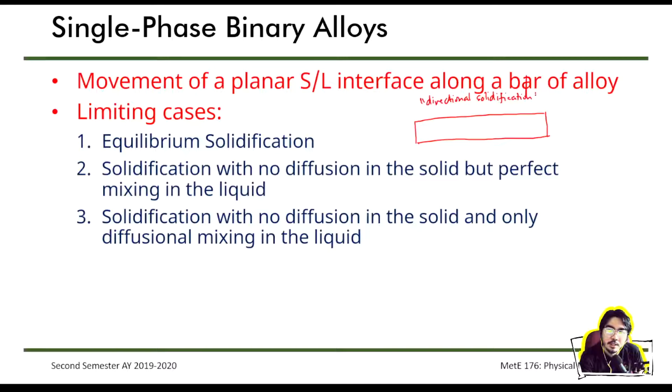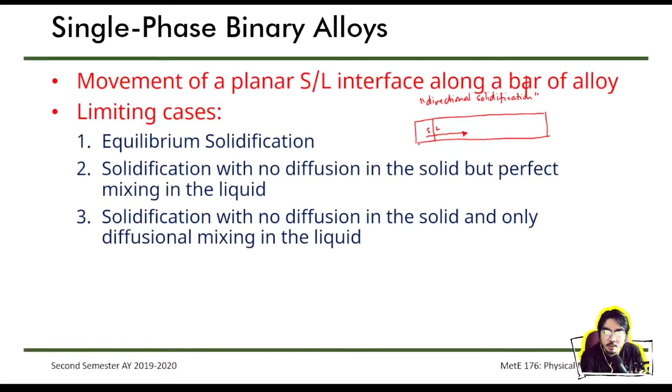The assumption of directional solidification is that we have a solid-liquid interface like this, solid, liquid. Then we grow in this direction. And this solid-liquid interface we limit in such a way that it is stable. It will grow this way. And we can get the concentration profile along this bar.